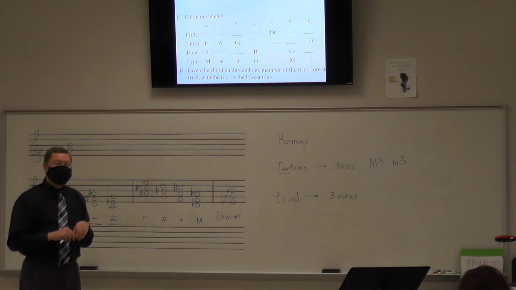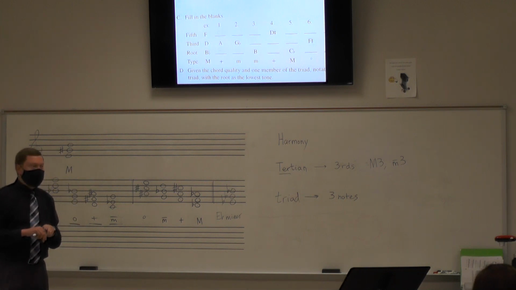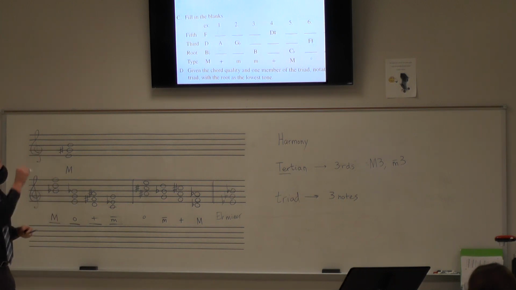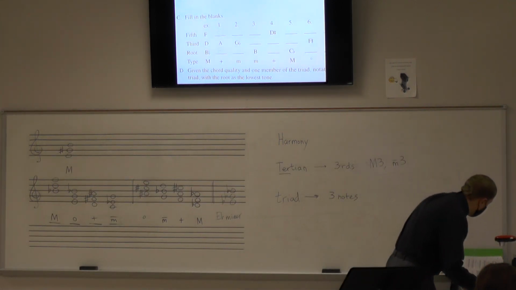How do we figure out what the root is? What does the bottom interval have to be between the A and the lowest note? It has to be a major third, right? Do we know what note is a major third below A? Just plain F, that's right. It's not F sharp, it's not F flat.